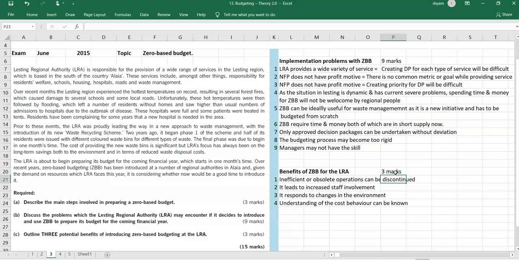Okay. So hope you guys got a good understanding about how to write a ZBB question. Okay, if they are going to ask you the benefits and disadvantages, just think about the general disadvantages and advantages, then apply what are the things which could apply here, and then write them. Okay, so whatever you are writing has to be related to the case, or else you won't get much marks.